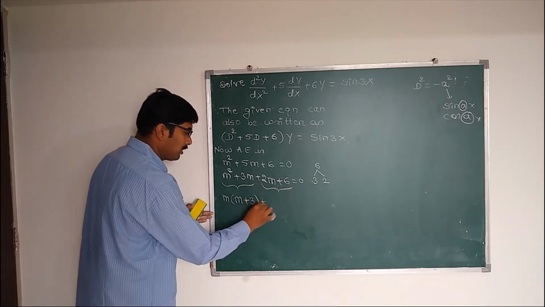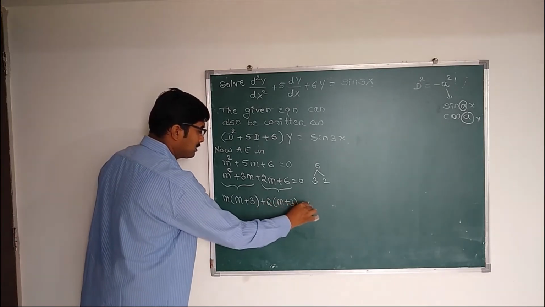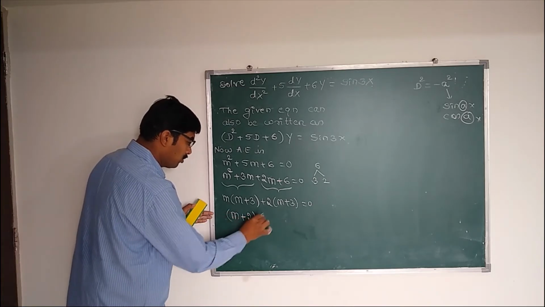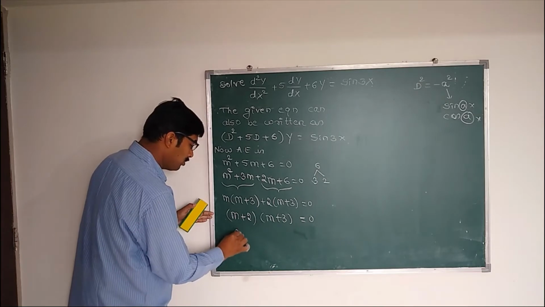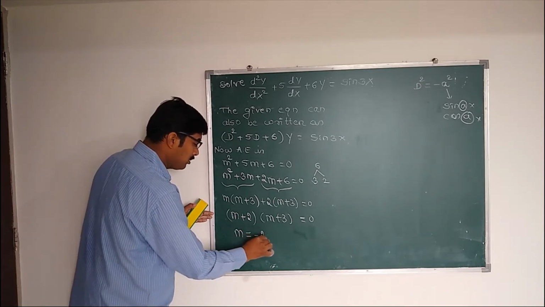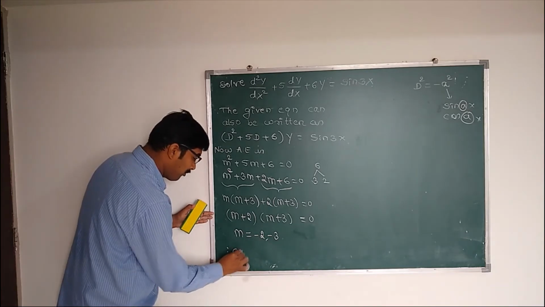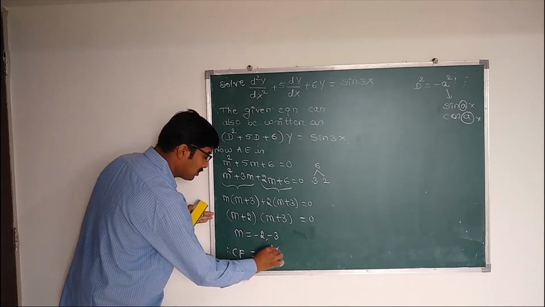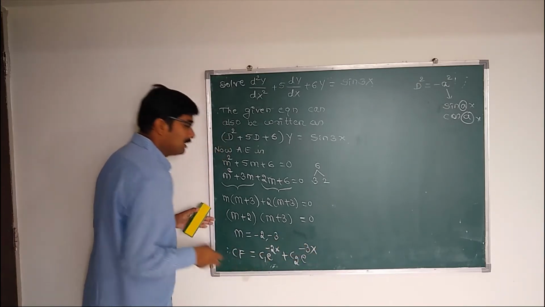From the last two terms you can take 2 common, we are left with m plus 3, and this is equal to 0. So m plus 2 into m plus 3 is equal to 0, or m is equal to minus 2 and minus 3. Both are different. Therefore the complementary function is equal to c1 e raised to minus 2x plus c2 e raised to minus 3x.